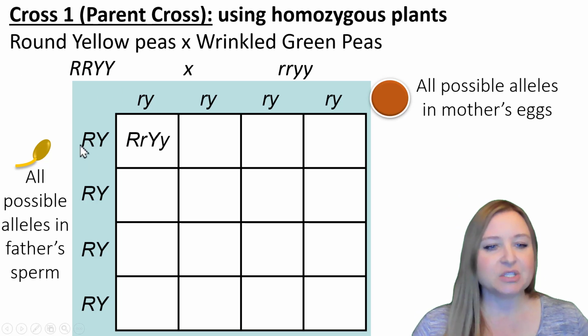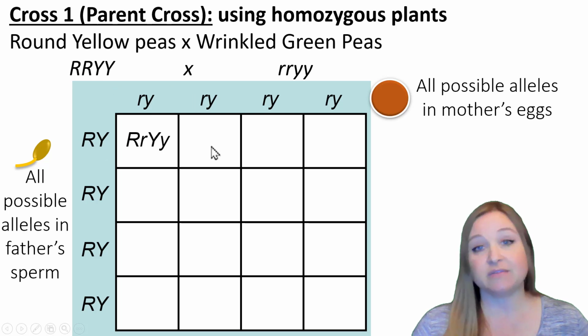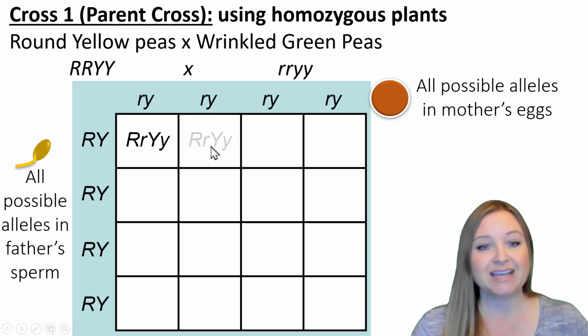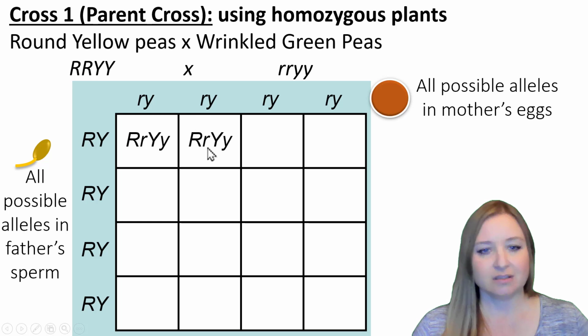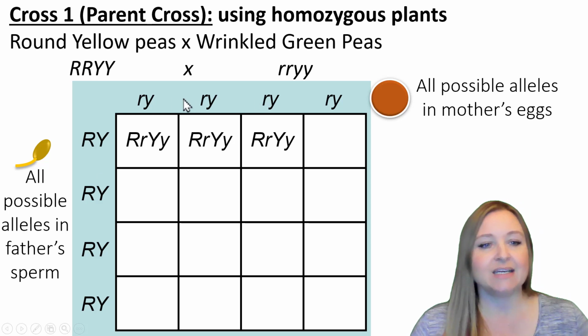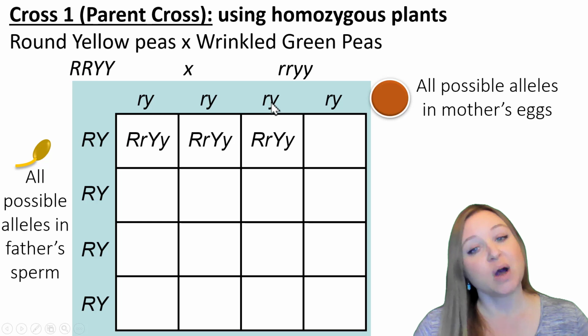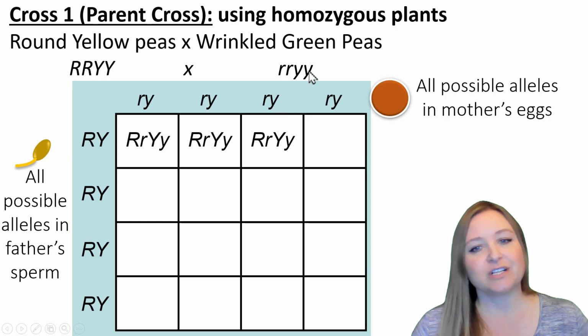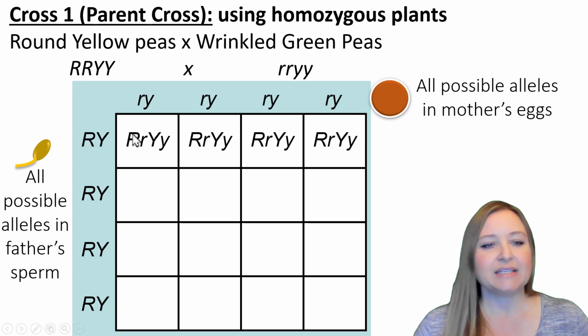Okay, so if this sperm fertilizes this egg, that's going to give us another possible outcome, and that's going to be big R, big Y, little y. Now here, if this sperm fertilizes this egg, big R, big Y, little y. And finally, if this sperm fertilizes this egg, we're going to get big R, big Y, little y.